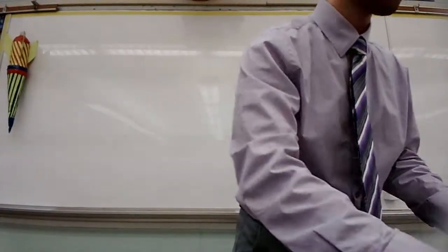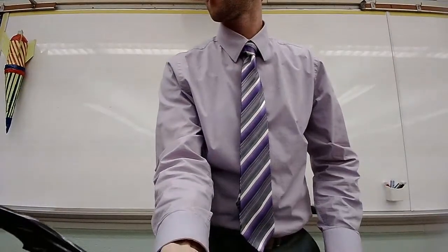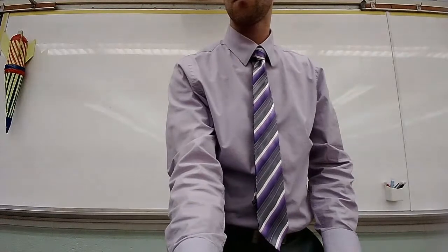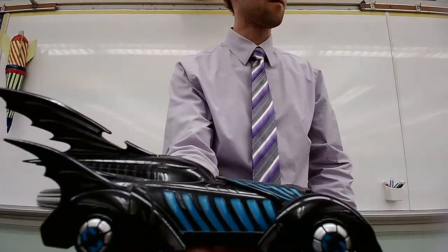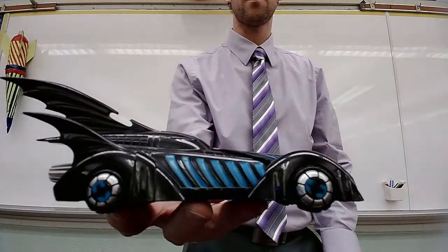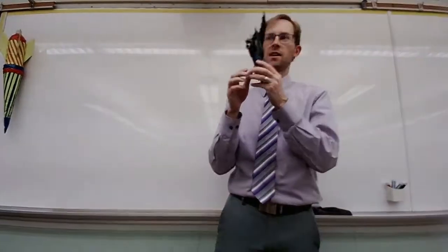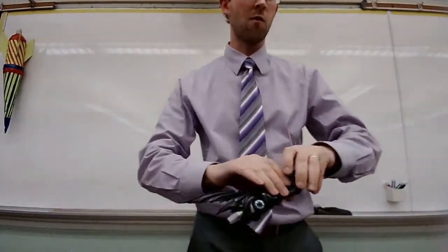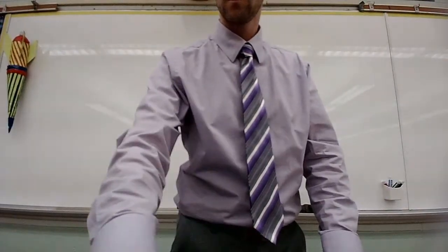Not really, though. So let's say I'm going to raise this in dramatic fashion for the folks at home. Let's say you have the Batmobile from Batman Forever, 1995. And this has a special little spring mechanism on the inside, so that when I pull it back like this, it winds up.